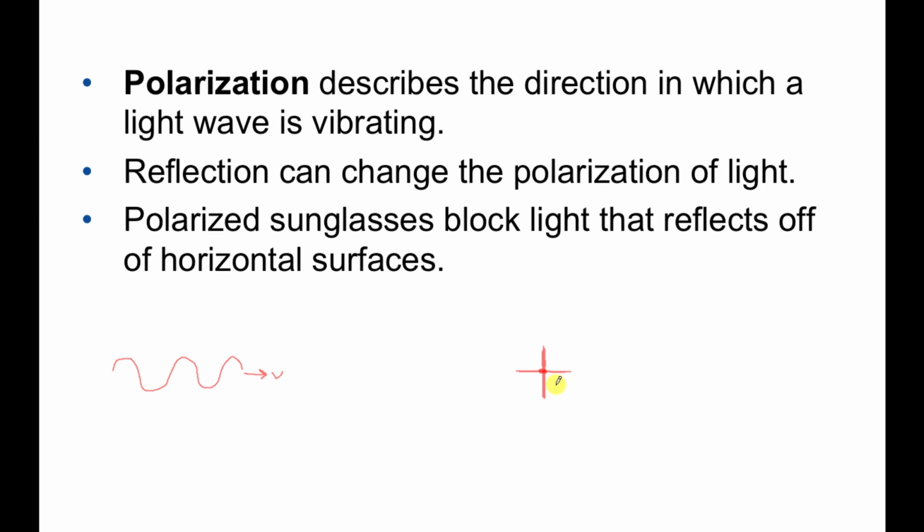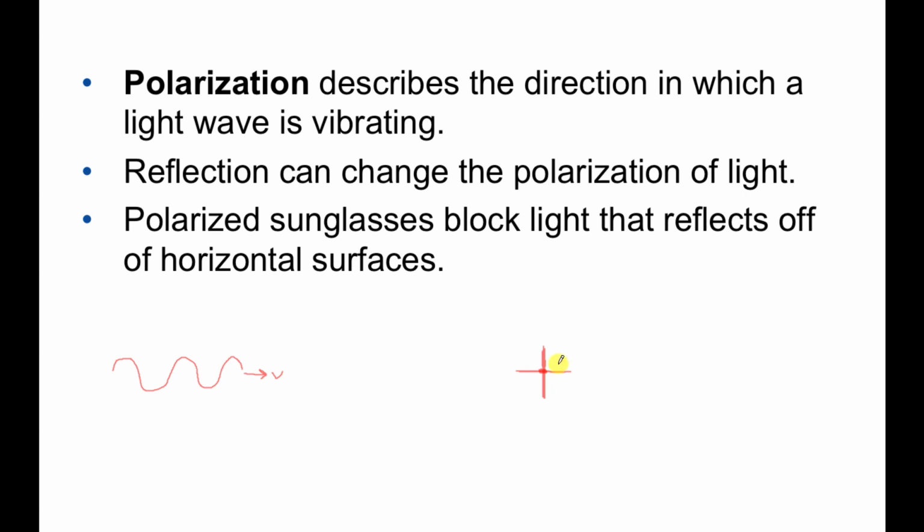But if you wear polarized sunglasses, the light comes into them, and the sunglasses cause the light that goes into your eye to be polarized. Another way to think about it is that they block the electric field that's vibrating in a particular direction.